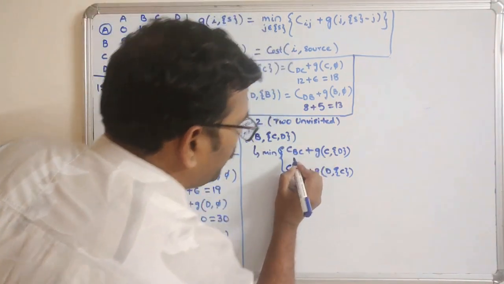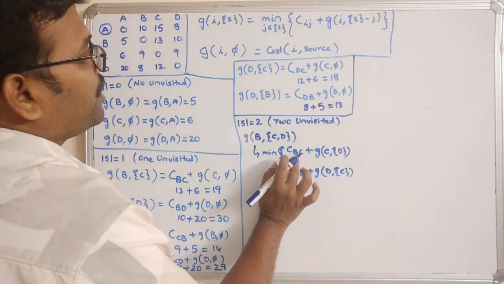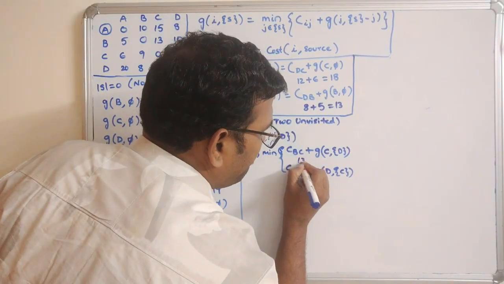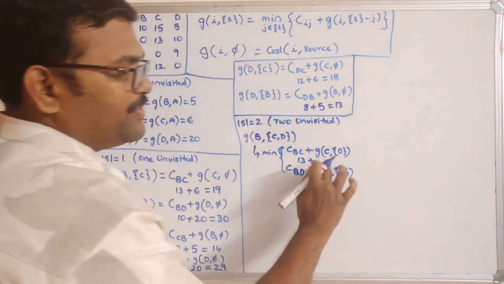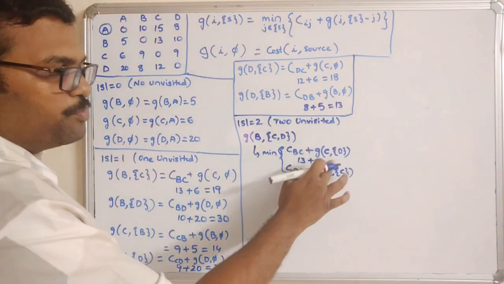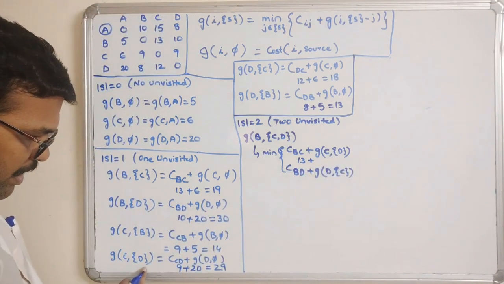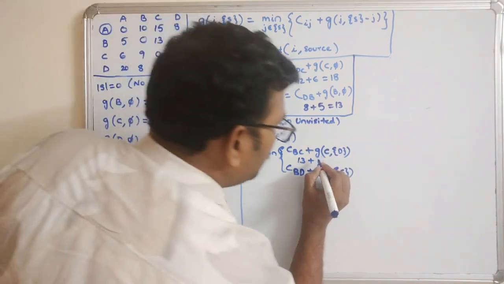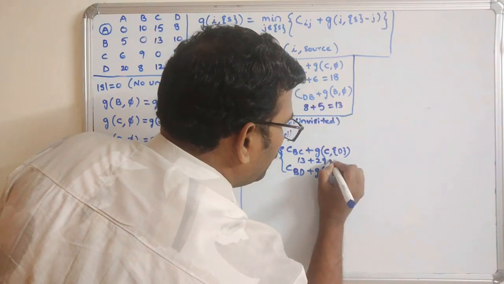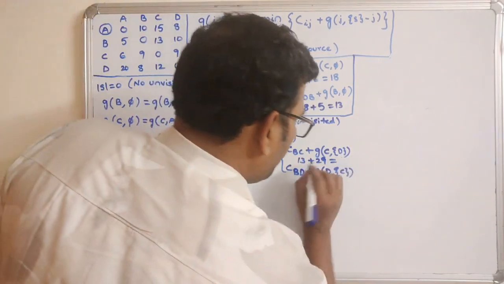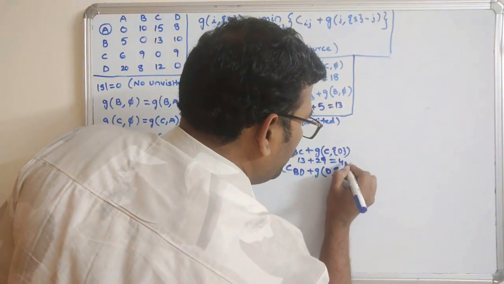So what is the cost of this one? BC, B to C, is 13 plus G of C comma D. Already we have computed this one, G of C comma D, which is 29. So 13 plus 29 will be 42.